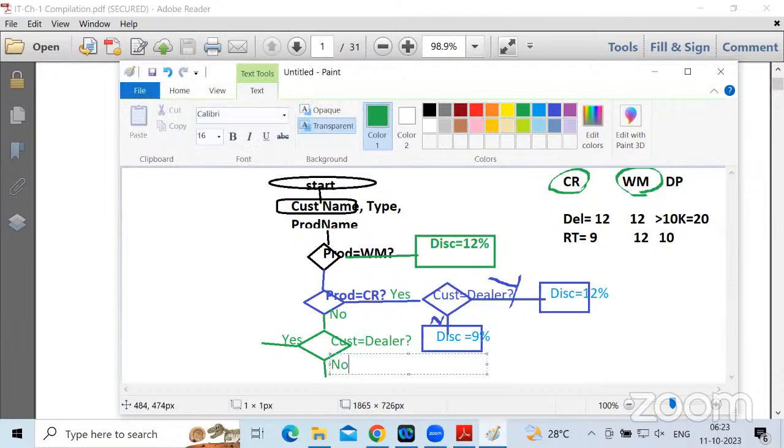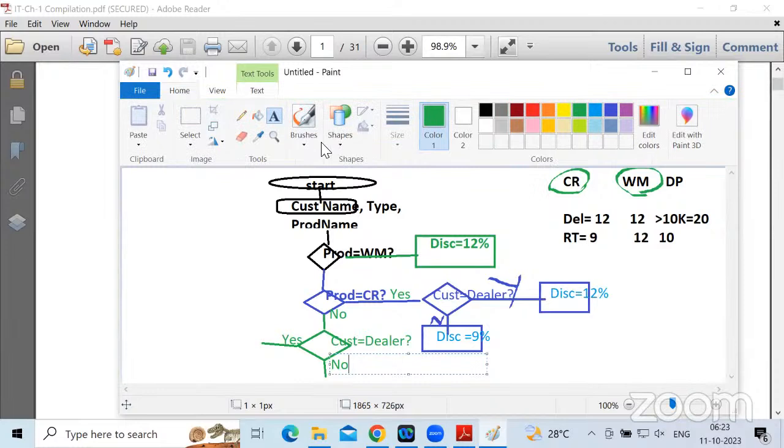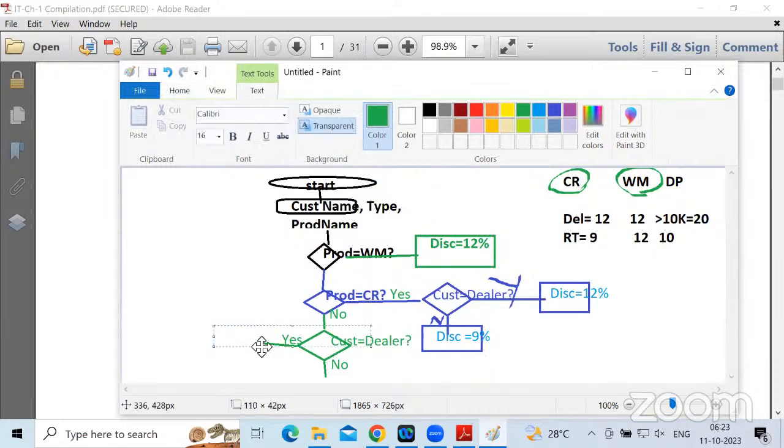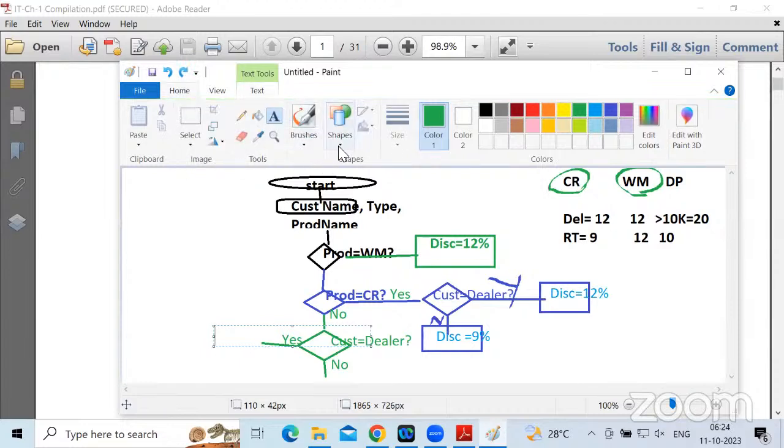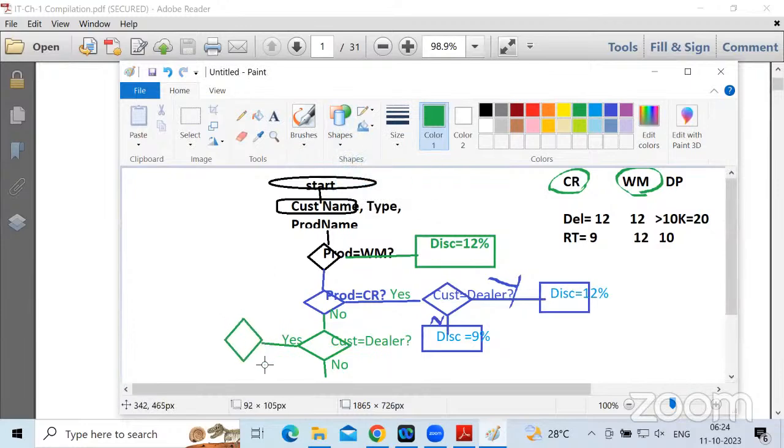If it is yes, we have to ask another question. If he is a dealer, whether the sales is more than 10,000 rupees. So again, we'll ask another question. What's the question?